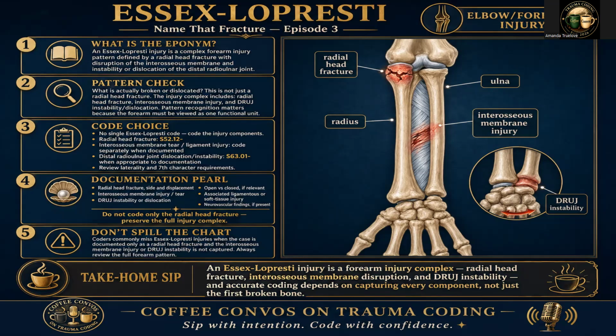Now, your Essex-Lopresti is understood best as a fracture plus associated instability pattern. Now, what does that mean? That sounded like a mouthful. Well, it is not an isolated radial head fracture, that is for sure. And unlike Monteggia's or Galeazzi, the instability extends along that forearm and through the interosseous membrane and into that distal radioulnar joint.